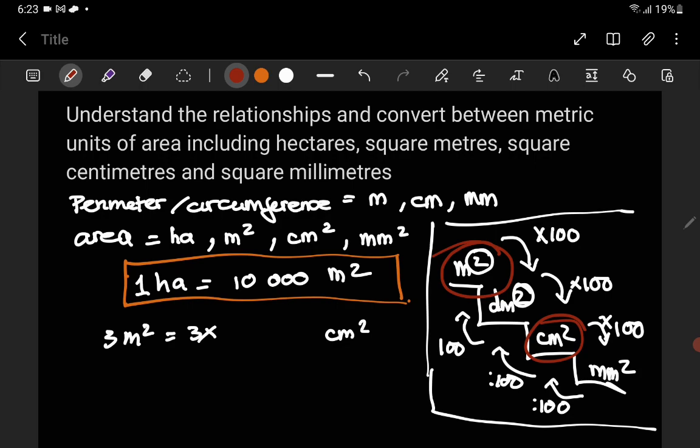We go one step down, and then a second step. So we multiply by 100 twice. The result will be 30,000 centimeter square.